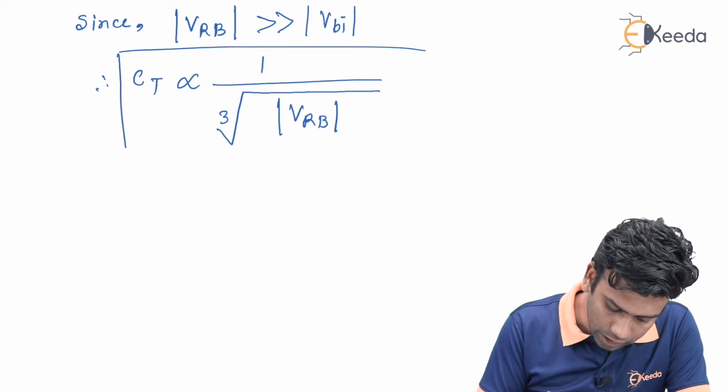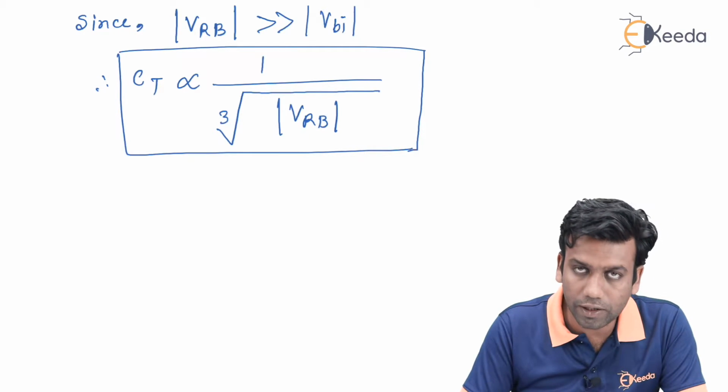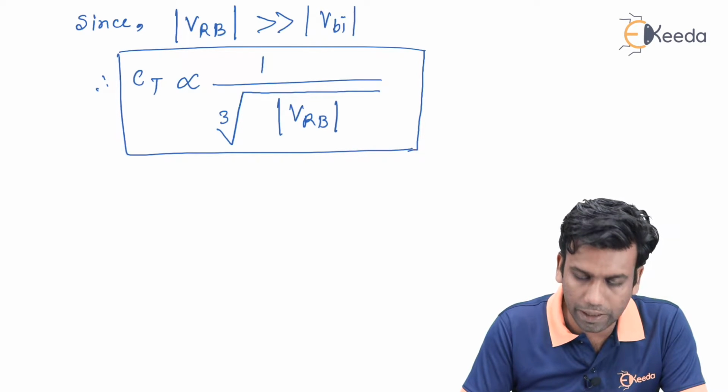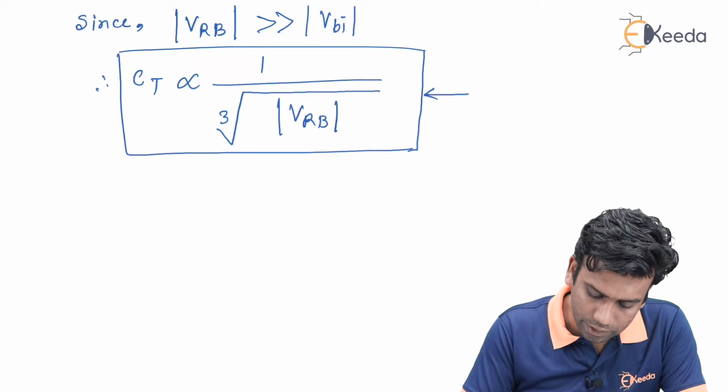So, the transition capacitance of a diode is inversely related to the reverse bias voltage applied to the diode, and that is determined by this equation.